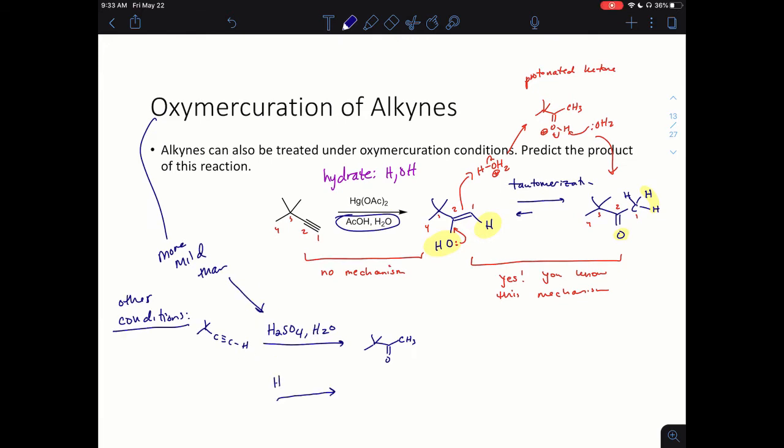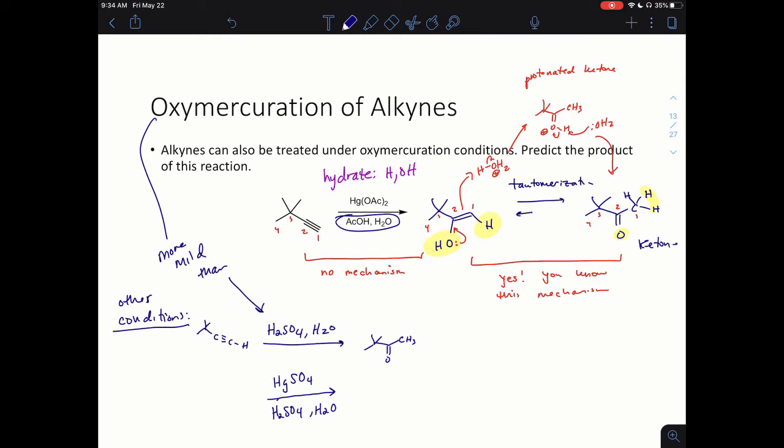And sometimes you'll encounter mercury sulfate instead of mercury acetate as the reagent for oxymercuration of alkynes. And so that requires a little bit of sulfuric acid. So either of these sets of conditions are fine. So there's three possibilities for hydrating an alkyne to make a ketone.